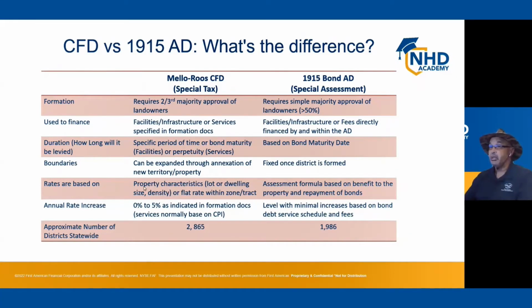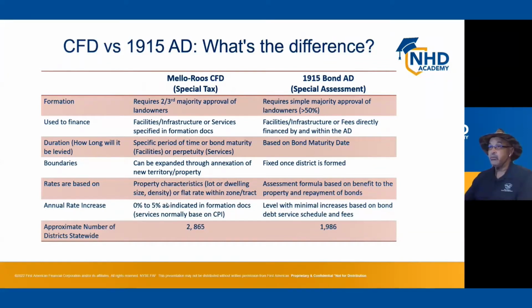Mello-Roos rates can be based on the property characteristics, which may include the lot or dwelling size, along with the density, or they may be a flat rate within a specific zone or tract of the district. 1915 bond assessments are based on the benefit to the property and the repayment of the bonds.